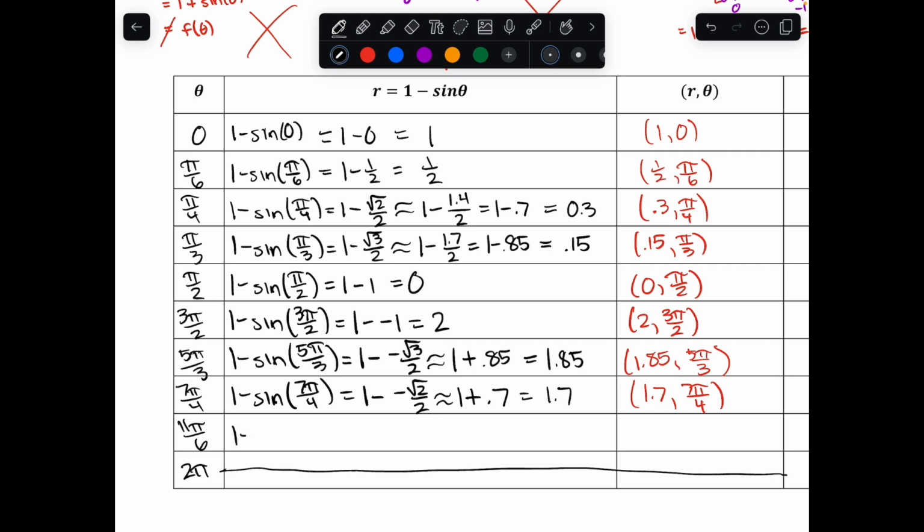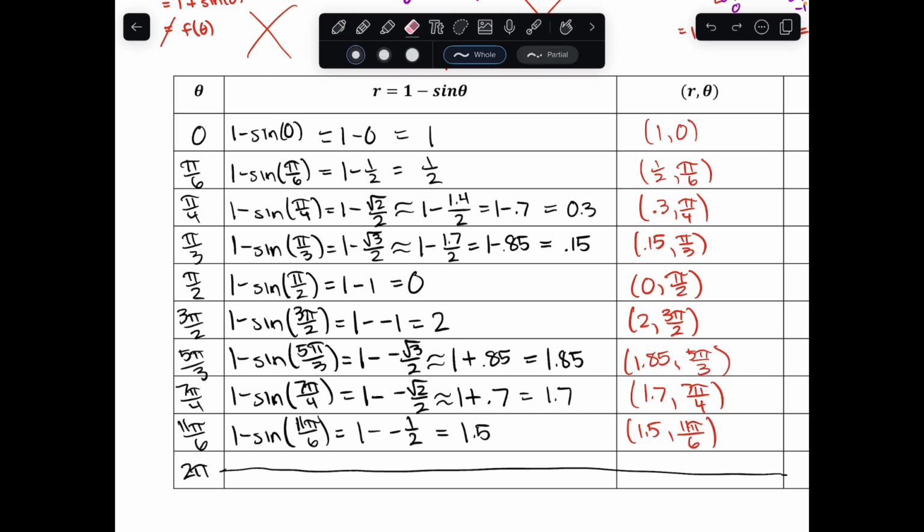Now 1 minus sine of 11 pi over 6 is going to be equal to 1 minus -1/2. And this is going to be equal to 1.5. So we get a point of 1.5 at an angle of 11 pi over 6.